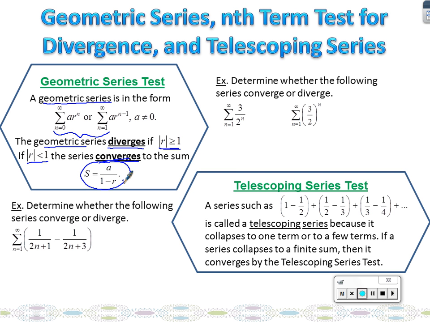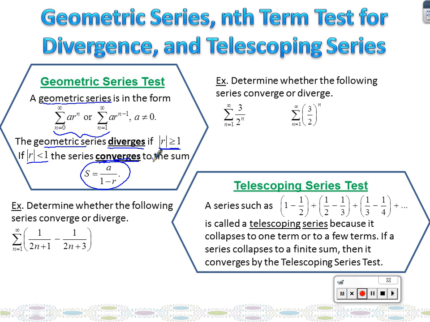Alright, so let's look at a couple of these. I have a couple of problems that we're going to work that use the geometric series test. It asks us to determine whether the following series converge or diverge. In order to find that out, I just need to know what r is. So I investigate. Now, many of you can probably see this.